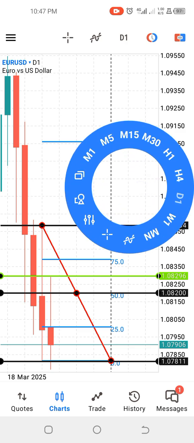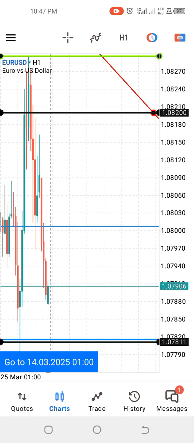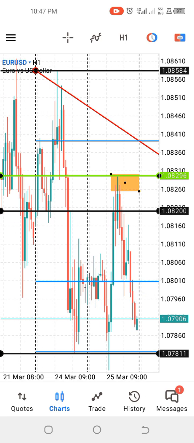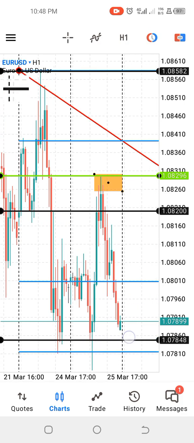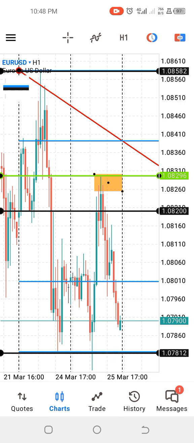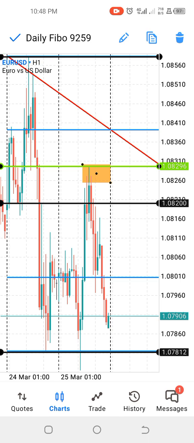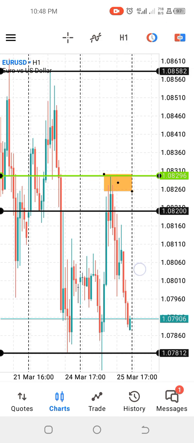If we go to the 1 hour time frame, this is today's candle. This is yesterday's candle high, and this is yesterday's candle low. I hope this will not be too clumsy for you guys. Let me get the Fibonacci out.